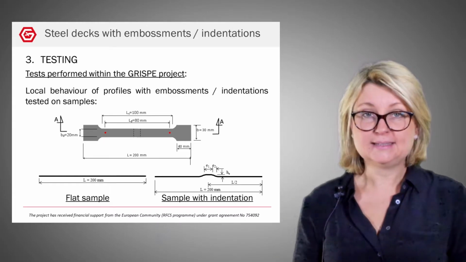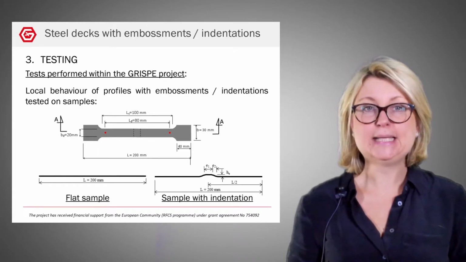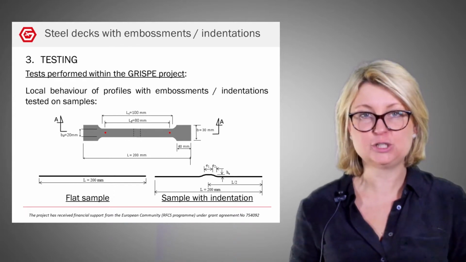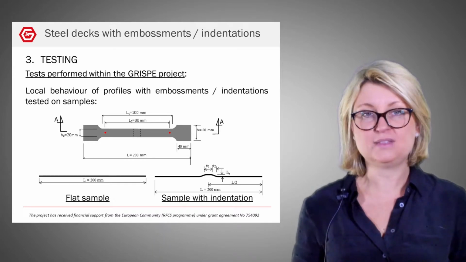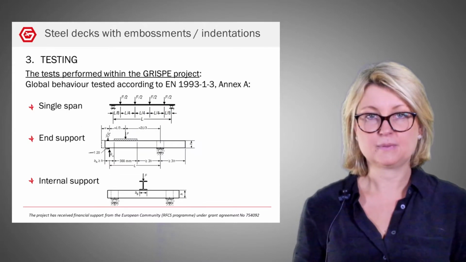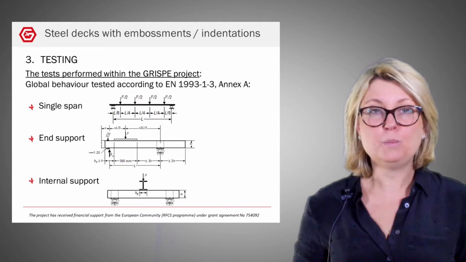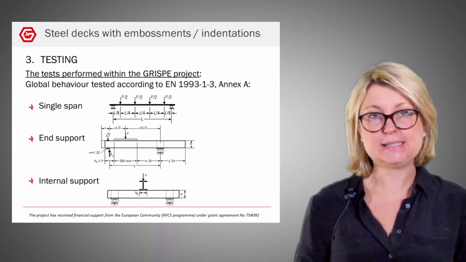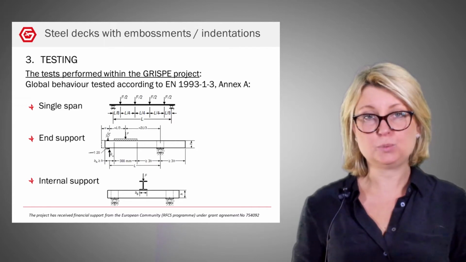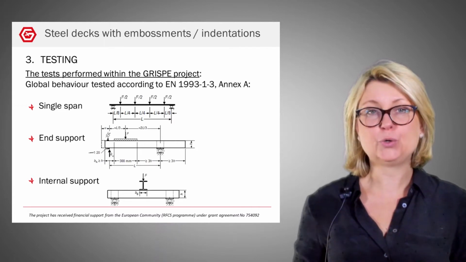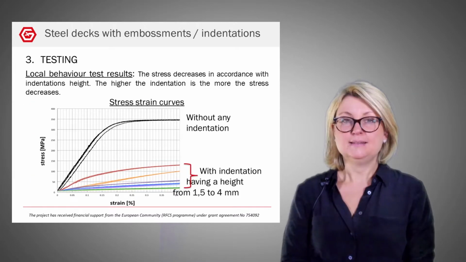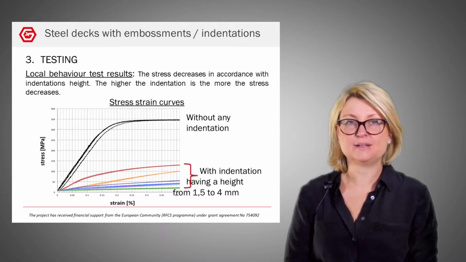Now let's look at local testing. Tensile testing were performed on samples without indentations and on samples with indentations. Concerning the global testing, single span tests and support tests and internal support tests were performed according to the Eurocode 3 Part 1-3 Annex A. Now look at the local testing results.